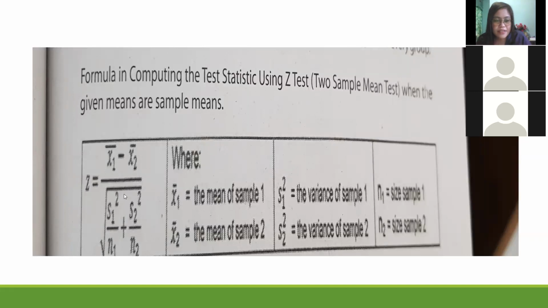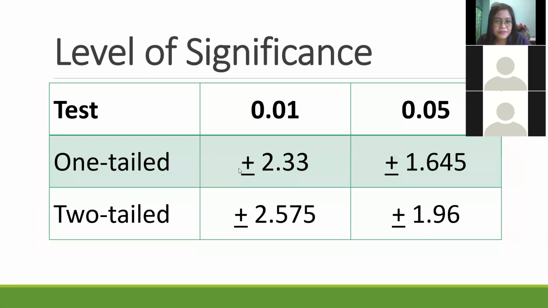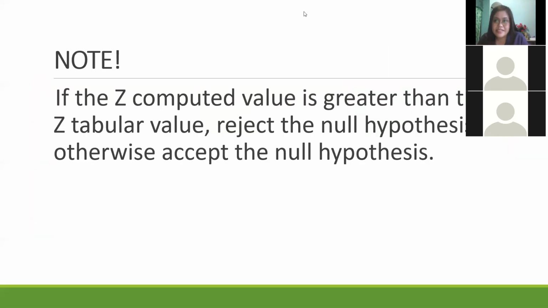You will use s squared if the given is the standard deviation. You need to square it because that will be your variance. But if the given is the variance, you don't need to square it because it is automatically the variance. Okay? If it is the standard deviation, that's the time you square it. So we use the same table and the same decision rule.